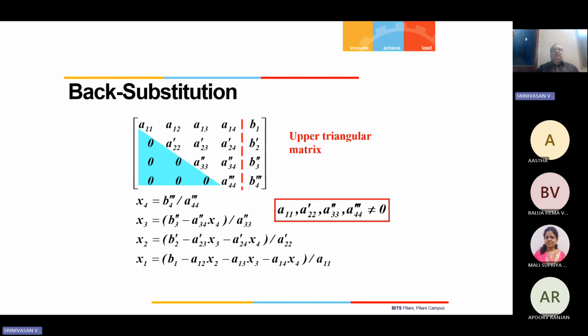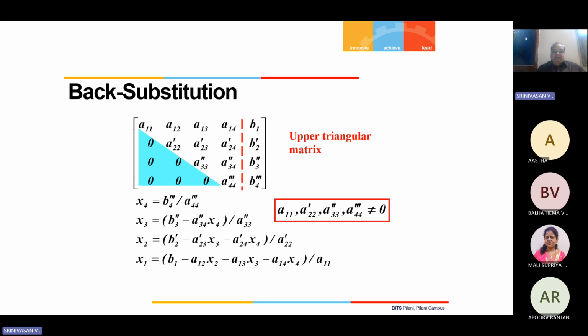So what's happening now? We are able to reduce the given augmented matrix into its echelon form, upper triangular form, of the form A11, A12, A13, A14, B1. The first row, after having undergone some changes, if any, will be there, with all the entries without making them zeros.